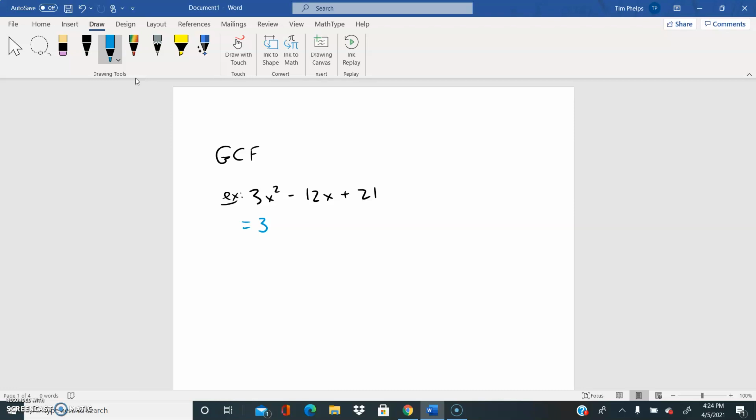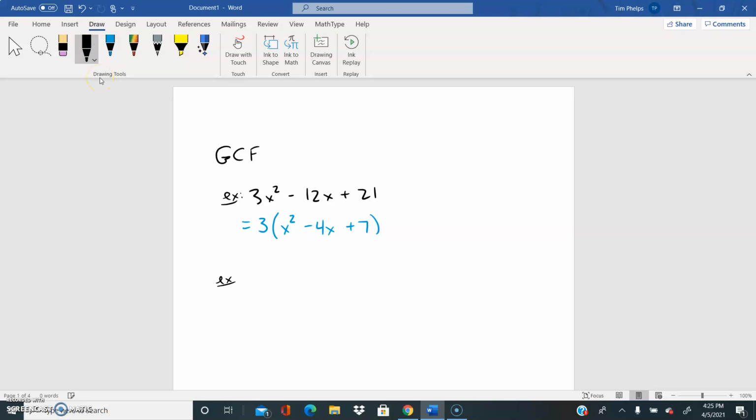The number that evenly divides all three of those is 3. So I can factor a 3 out, leaves behind the x squared. When I figure out my leftovers, I divide each term by the GCF. So divide negative 12x by 3, I get negative 4x, and divide 21 by 3, and I get 7. So that's the first example.